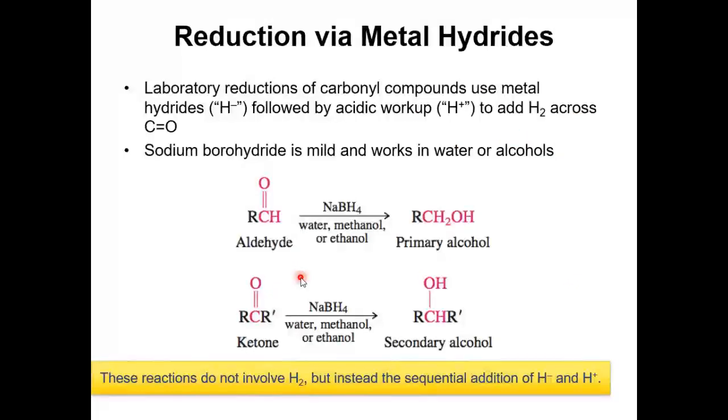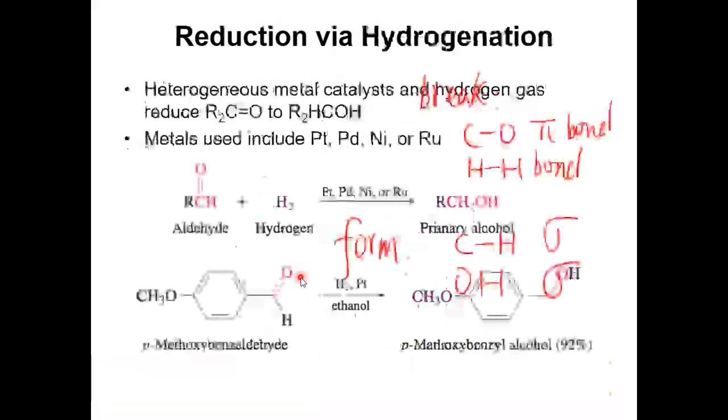Besides catalytic hydrogenation, we also can use a kind of reducing reagent called a metal hydride reducing reagent. One of the troubles of catalytic hydrogenation is we have to use hydrogen gas. Catalytic hydrogenation is highly preferred at industry scale, but usually we try to avoid hydrogenation in the laboratory because in a lab we often have to work with students.